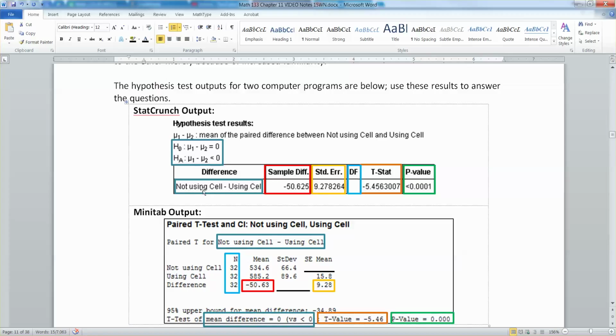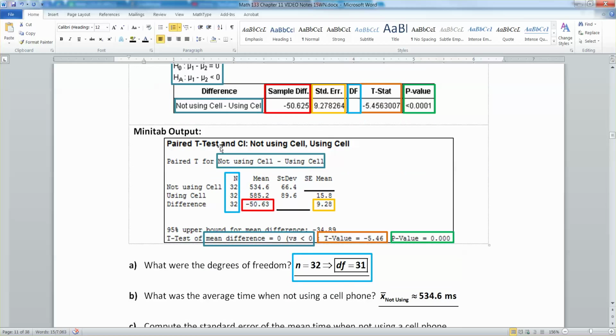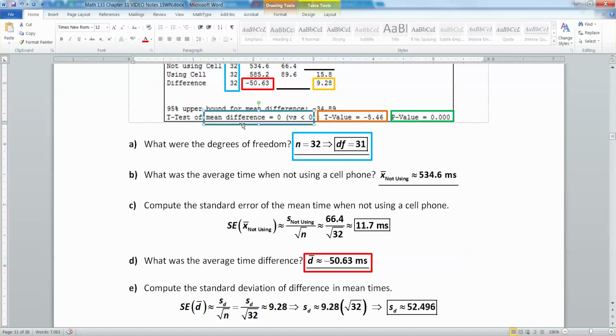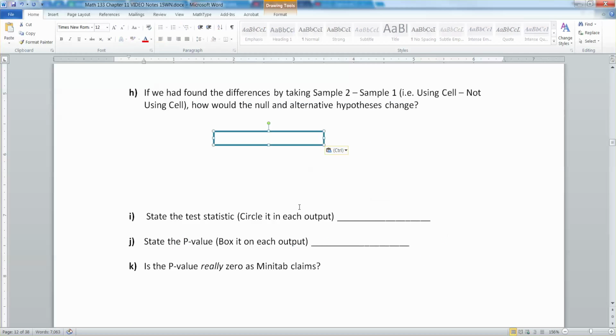And it tells us which one's group 1, that's the not using cell phone group, and group 2 is the using cell phone group. So the computer output's telling us group 1 is the not using cell phone group. And you can see less than 0 right there in StatCrunch. It's really easy. Minitab's a little harder to read. It's down at the very bottom. It says equal 0 for the difference versus less than 0. So it tells us that it's doing that kind of test where we have equal 0 versus less than 0. So that's a less than test. So we should circle the middle one here.